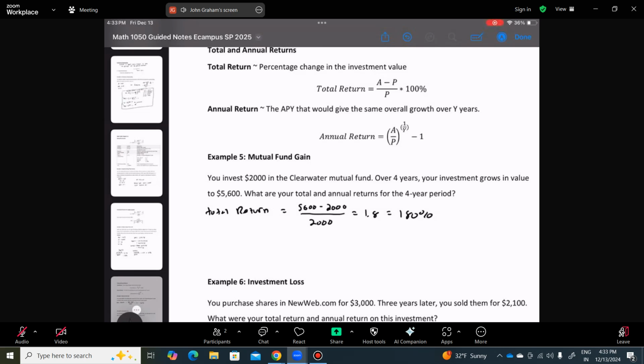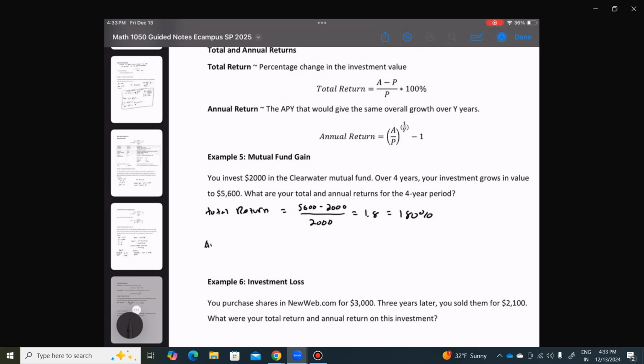Now, your annual return is A over P, so 5,600 over 2,000, raised to 1 over the number of years, which is 4. Then you subtract 1.